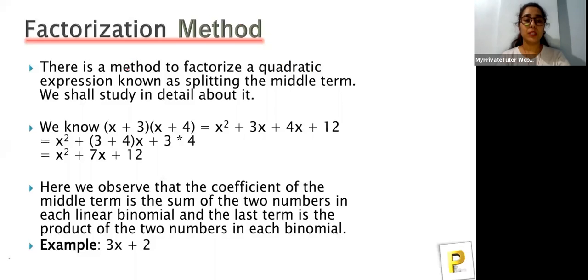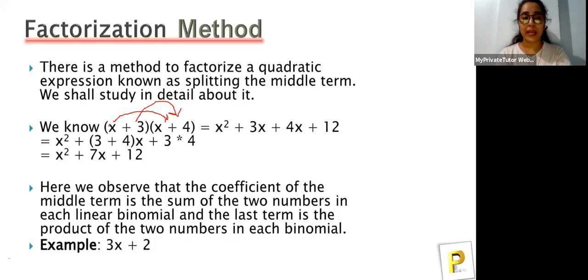Okay. So there's a method to factorize a quadratic expression known as splitting the middle term. Now what does that mean? You just saw that we have three terms: ax squared plus bx plus c is equal to 0. So the middle term bx has to be split. That is the main motto of our factorization. Let's see, we know that (x plus 3)(x plus 4) is equal to x square plus 3x plus 4x plus 12. What we did is we multiplied the first term with the second bracket, and then multiplied the second term with this bracket.